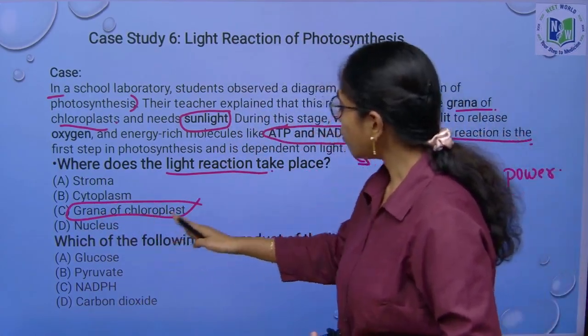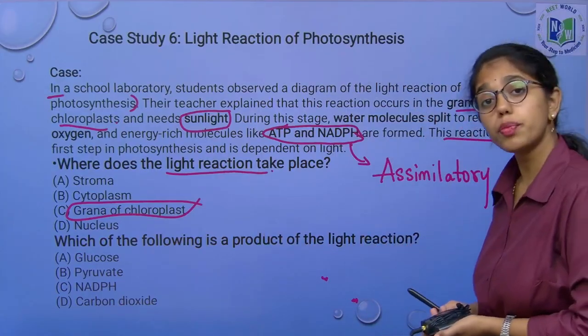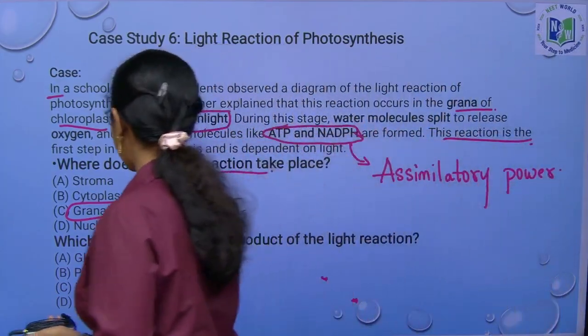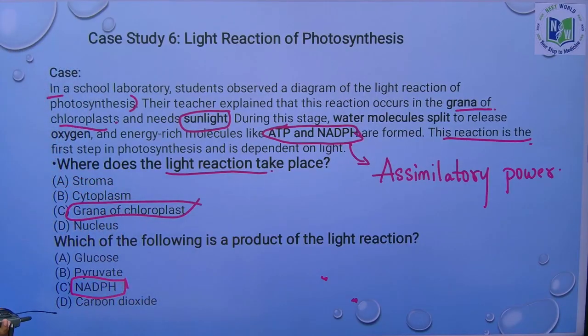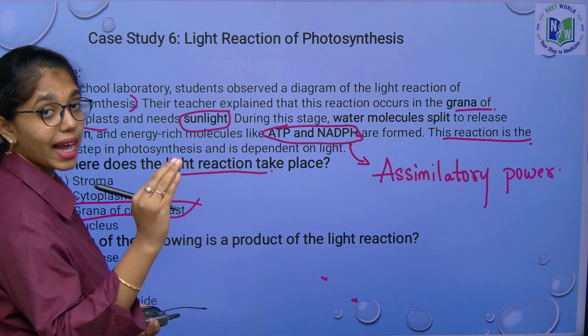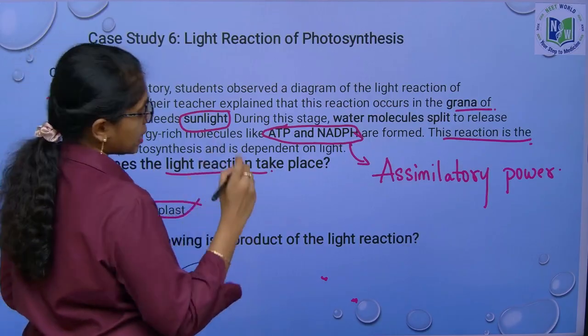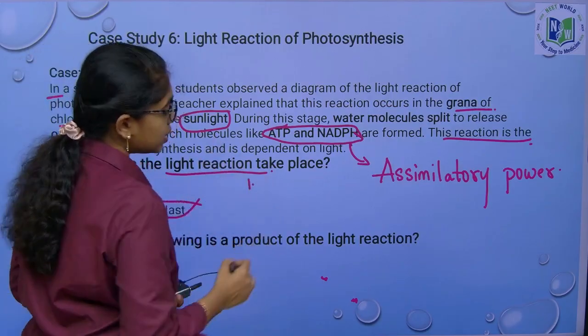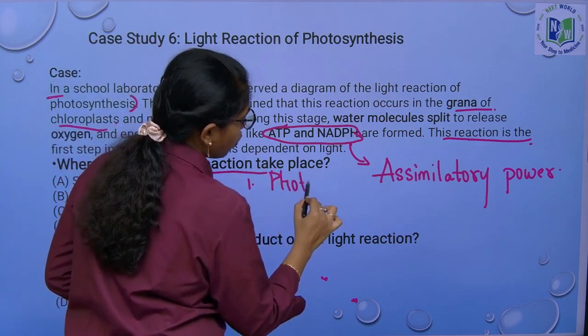Next, which of the following is a product of light reaction? NADPH. Okay, NADPH is the product of light reaction, because I'll remind you those 3 steps of light reaction. What happens in those 3 steps, ma? The first step is absorption of light in the form of photons.